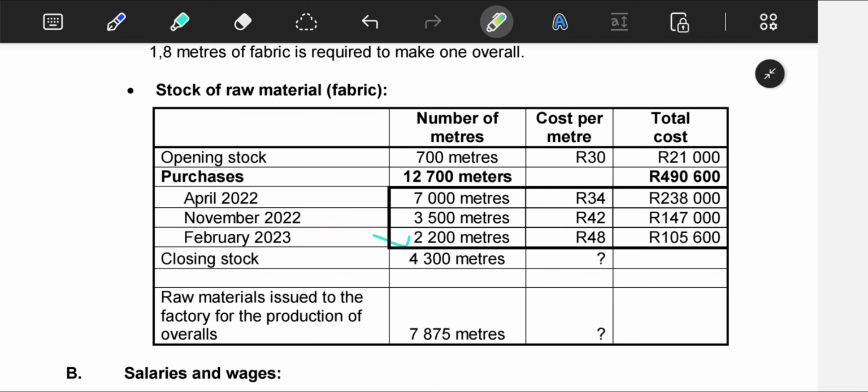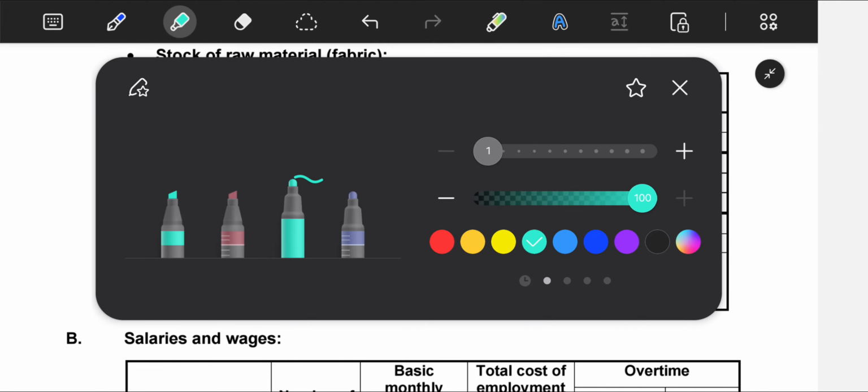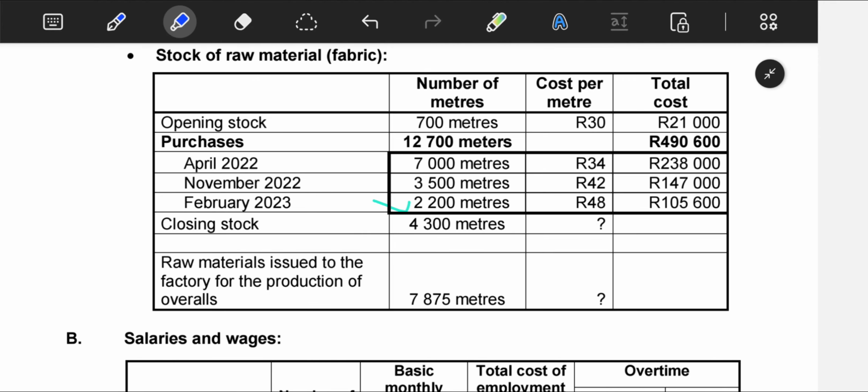So it means that we are going to consider the whole 105,600. Right. But now, from the 4,300, we need the value of 4,300. From the 4,300, if we take out 2,200, how much is remaining?